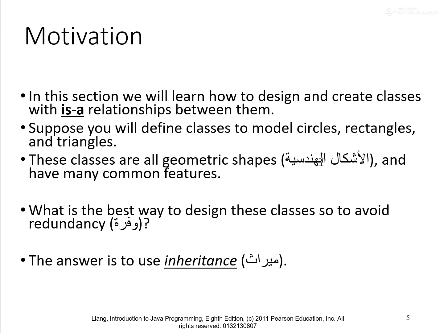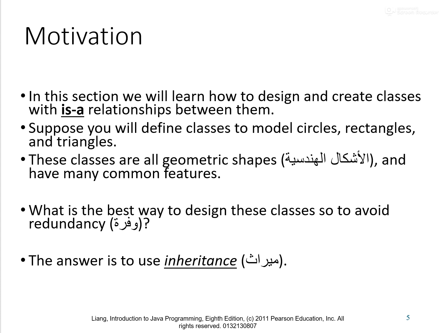And then we'll have a couple of shapes underneath that, shapes that have an is-a relationship with geometric shapes. And we'll also avoid rewriting a lot of code using something called inheritance that we can take advantage of in object-oriented programs.